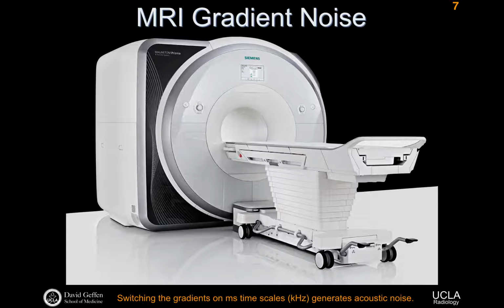So this, I think, actually there's some audio for it, but the bottom line is the scanners can be really noisy. The main reason is, and you'll see some of this when we look at the gradient timing today, but the gradients are switched on and off on sort of a millisecond time scale, right, or even sub-millisecond time scale. And that will induce some kind of vibration on a millisecond or sub-millisecond time scale.